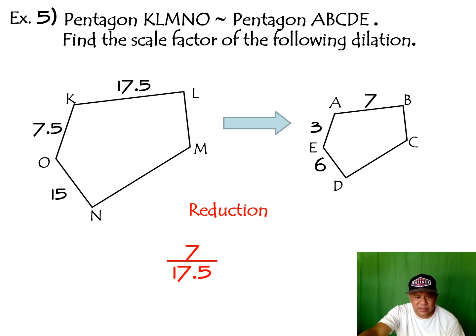And you don't have to pick 7. I chose 7. You could pick 3, but if you use 3, you have to divide by 7.5. If you use 6, you have to divide by 15. So in this case, it comes out to 0.4, meaning it's 0.4 times smaller. Okay, finally, try the last one on your own, and guess what? We're done with our lesson for today.